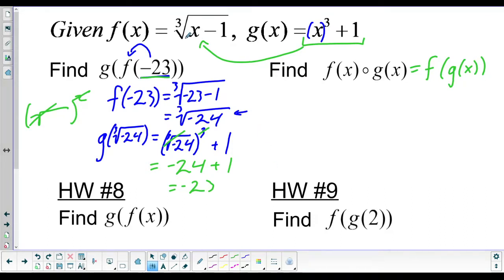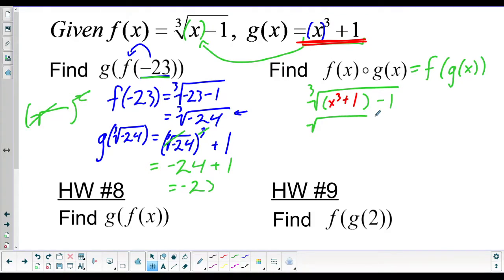So we're going to start by writing our f function, and where the x is, we're going to put parentheses. So we're going to have the cube root of parentheses minus 1. And then on the inside of those parentheses, we're going to put the g function. So we're going to have x cubed plus 1. Now these parentheses don't really do anything, so we can go ahead and drop them.